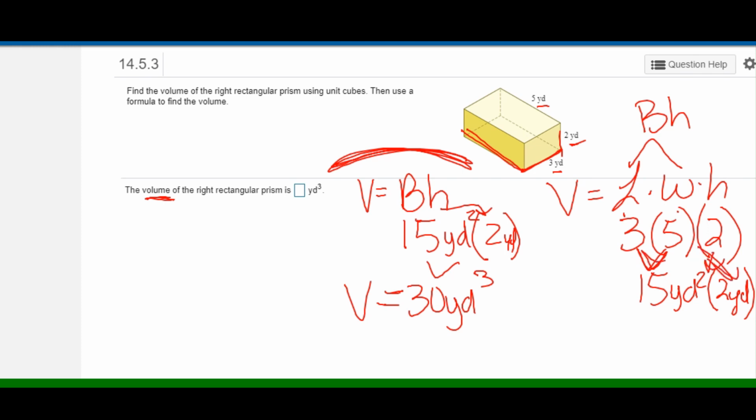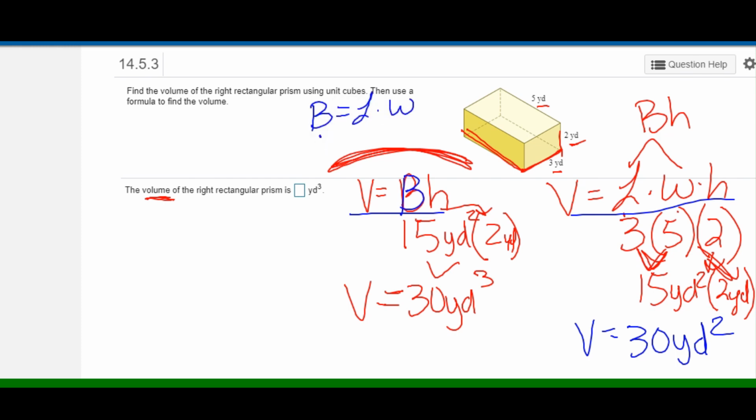Now I need to do the last part, which is volume is equivalent to 15 yards squared times 2 yards, which is going to be 30 yards cubed. So same, two different formulas, same answer. The capital B, the area of the base, is equivalent to length times width, or some people say capital B is equivalent to base times height. Either way you look at it, it's the same thing. You get the same answer.